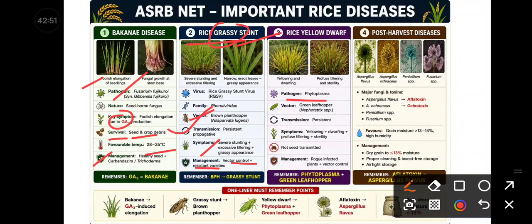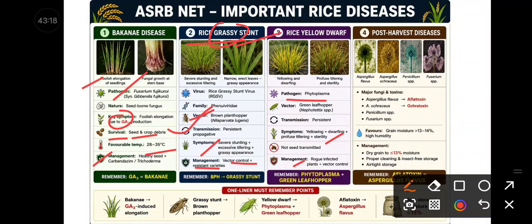Symptoms are yellowing, dwarfing, profuse tillering and sterility in the plant. This is the common symptom for phytoplasma. It is not seed transmitted. Management is roguing of infected plants and vector control. For any disease transmitted by a vector, the best management is control of the vector.